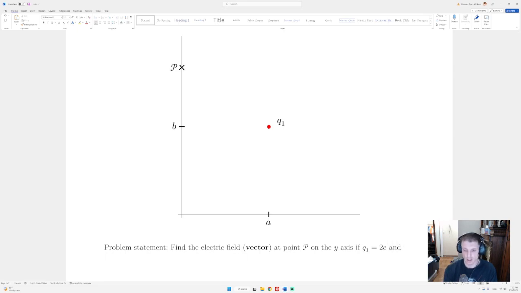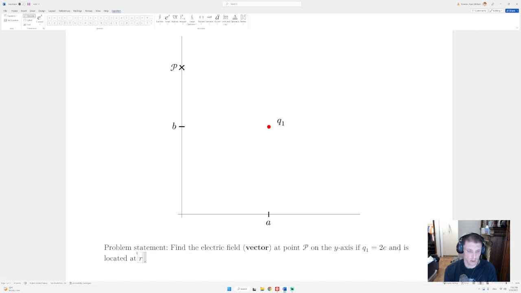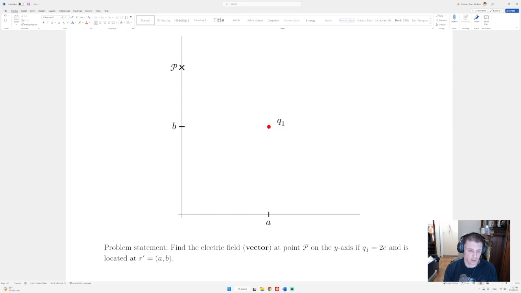And let's say it is located at, and here's where we're going to see the R prime thing, R prime equals (A, B), just an ordered pair to specify where this is. And this is a vector.